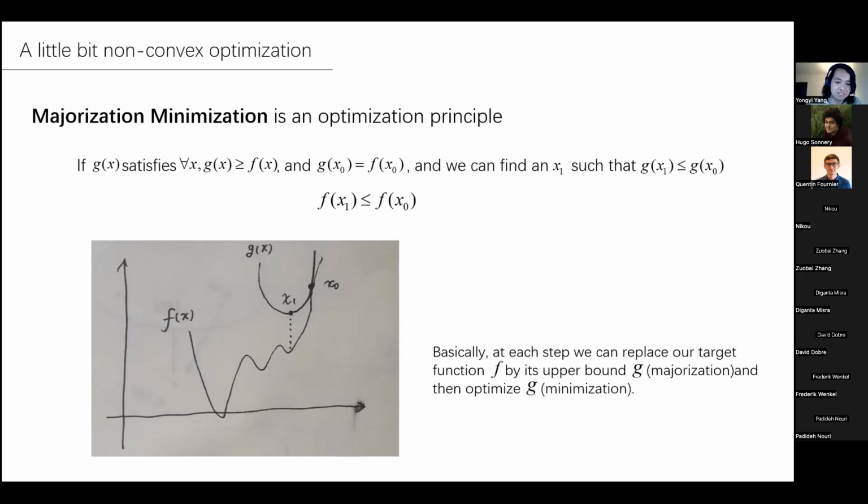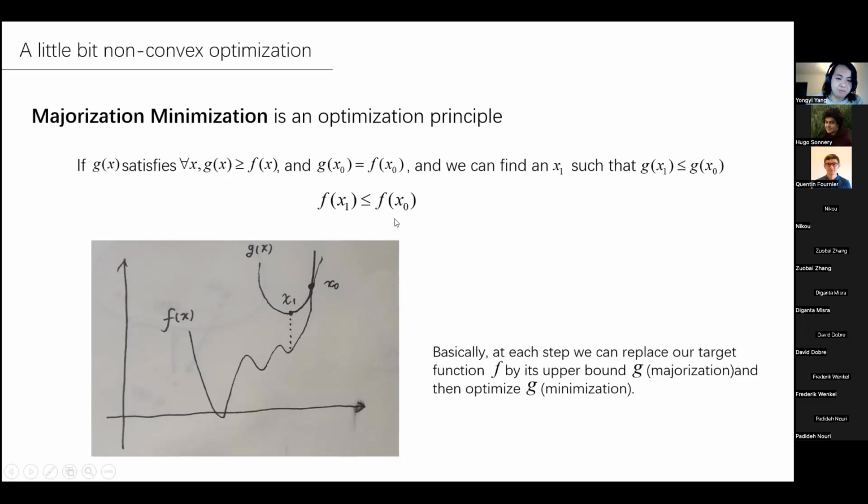One technique we can use is that at each point x0, we construct an upper bound g of f(x), which is equal to f at the point x0, so g(x0) is equal to f(x0). If we can optimize g, and x1 is the descending point of the g function, then it will also descend f.